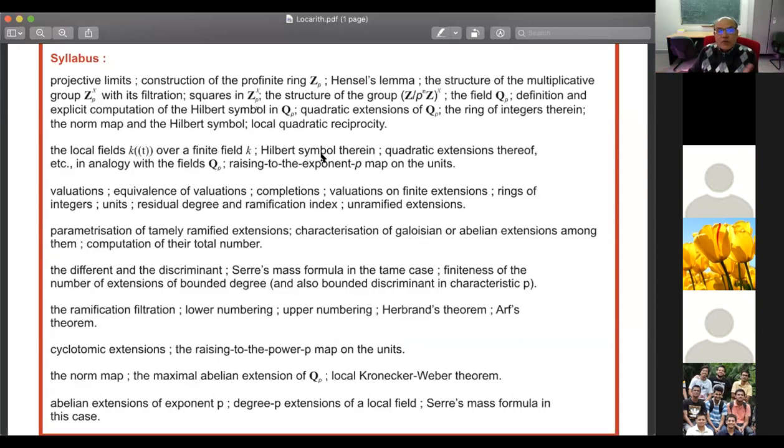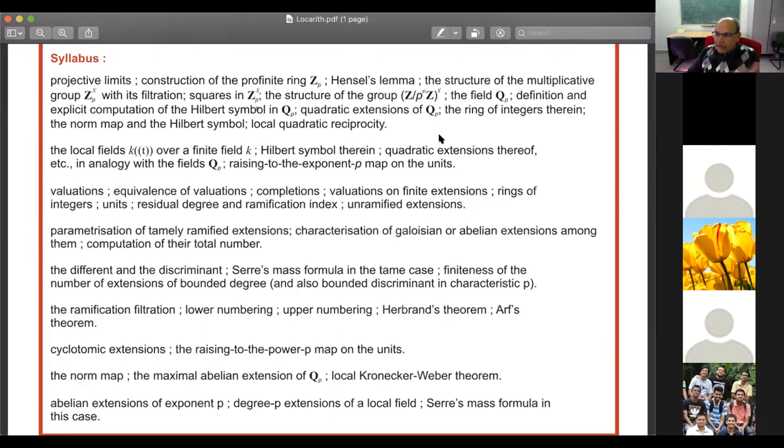Similarly, there's the category of all groups. A category has to have objects and morphisms. The objects of the category of groups are all groups, and morphisms are what we usually call homomorphisms of groups, a map from one group to another which takes products to products.